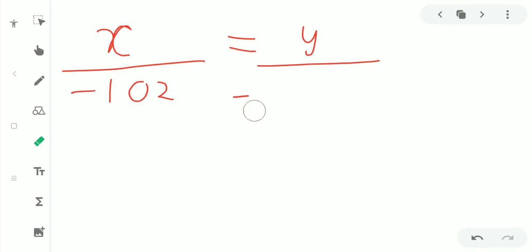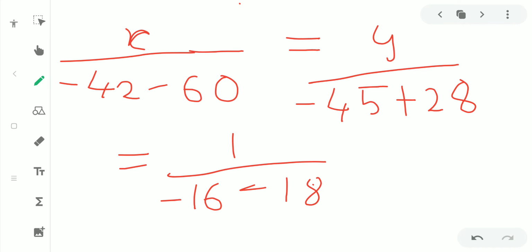So as it is with the minus sign, bigger sign, so it will be minus 17, which is equal to 1 by minus 16 minus 18, nothing but 1 by minus 34.